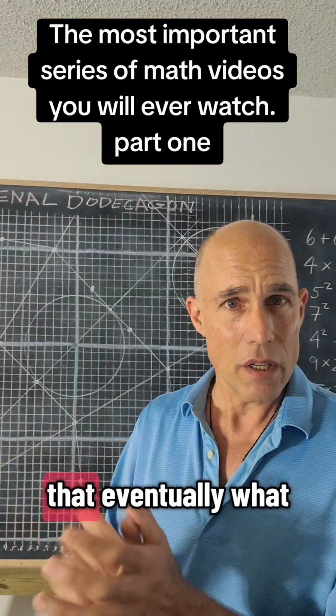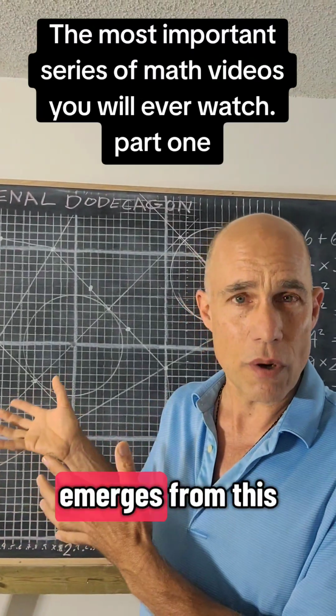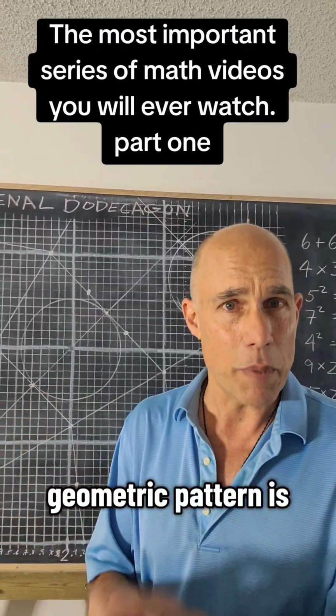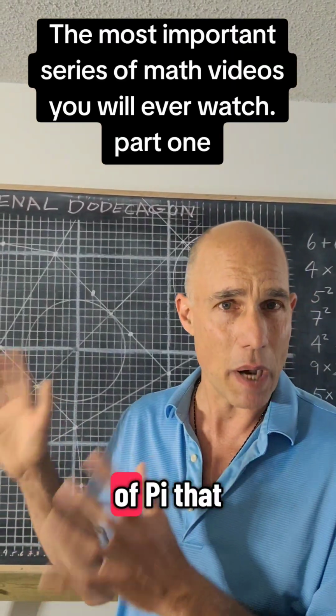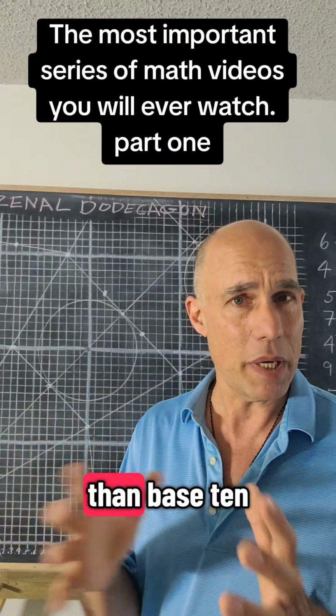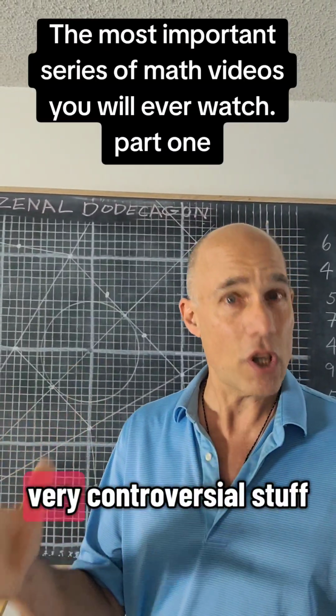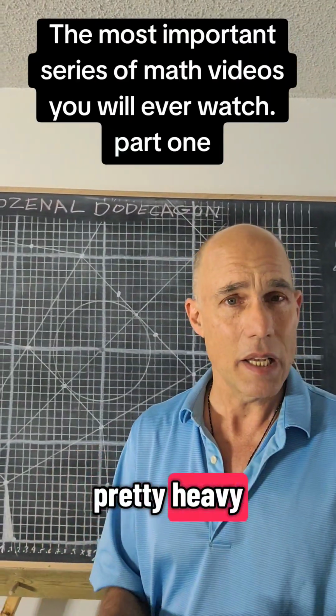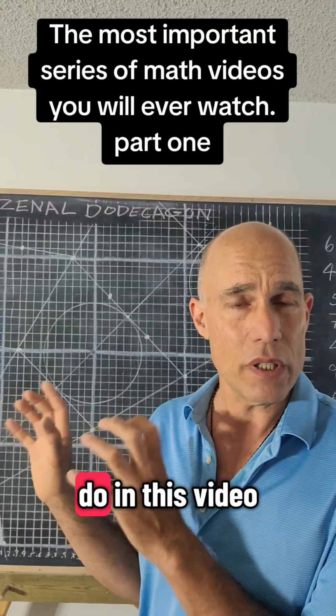And then when we do that, eventually what emerges from this geometric pattern is a base 12 or Dozenal version of pi that has different qualities than base 10. So that's all very controversial stuff and it sounds pretty heady, but that's exactly what I'm going to do in this video.